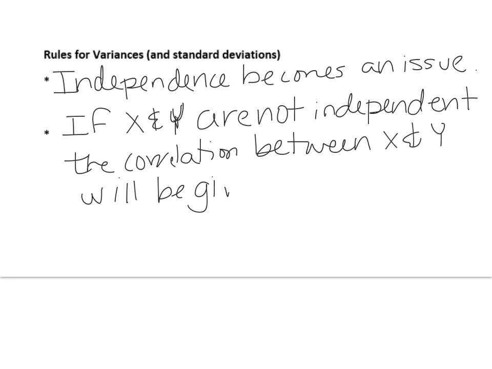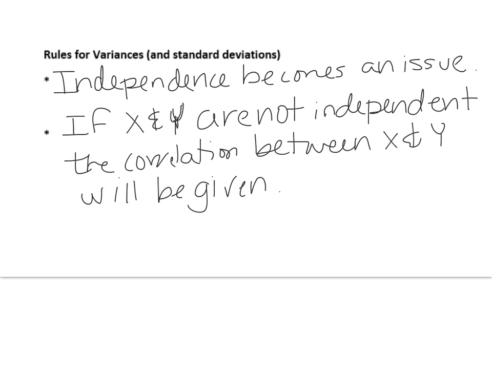In this type of class, which is not an advanced stats class, you will be given the correlation if the two variables are not independent. You will not have to find it on your own. It'll be stated right in the problem. You'll be like, why are they telling me about the correlation? It's because you need to use it.